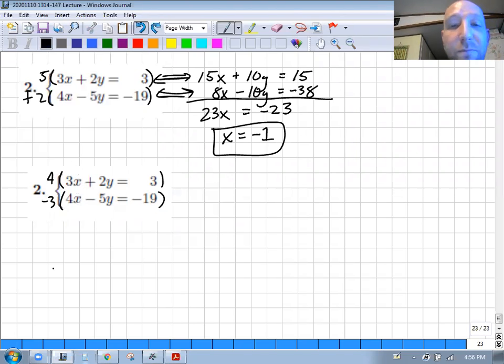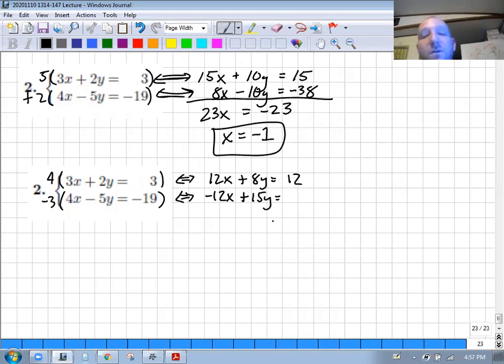And when I add them, I'll get rid of the x. So this one says 12x plus 8y is 12. This one says negative 12x plus 15y equals, what's 19 times 3? 19 times 3 is 57.